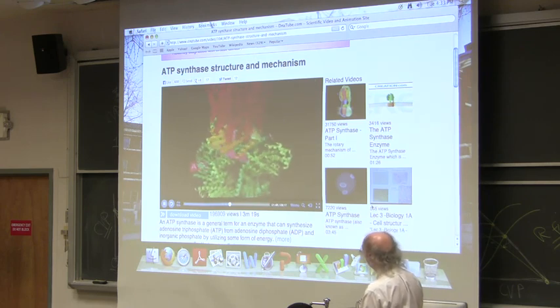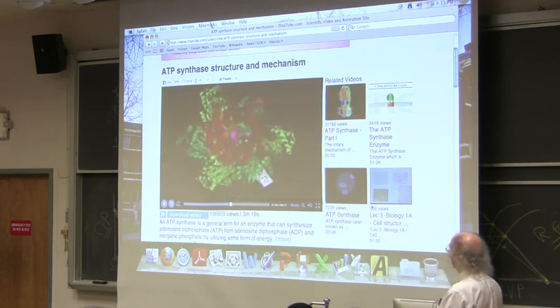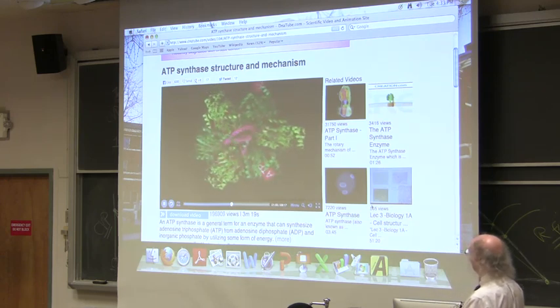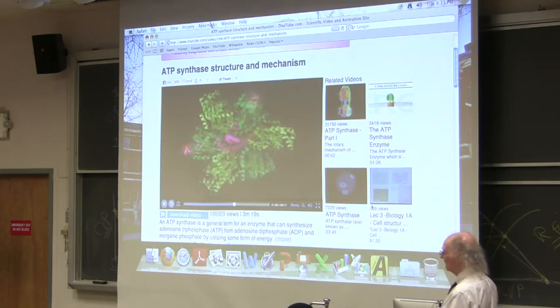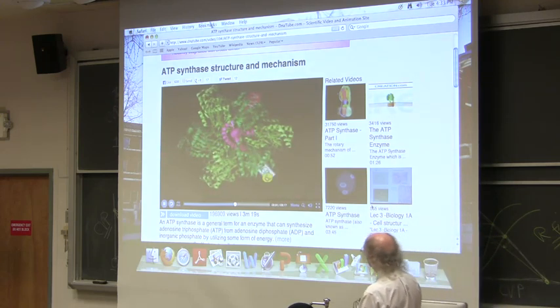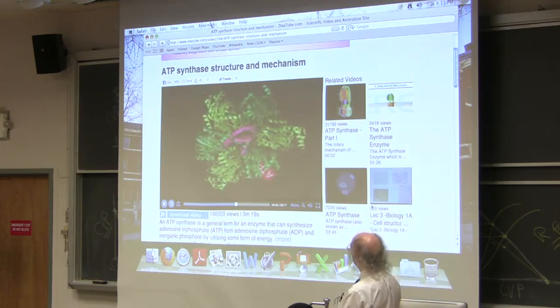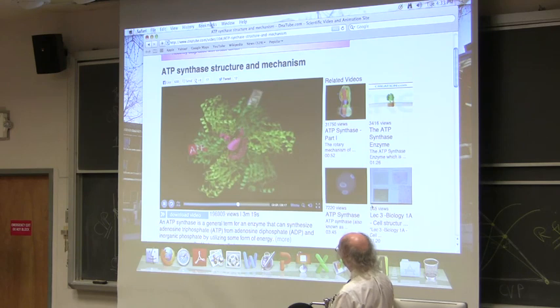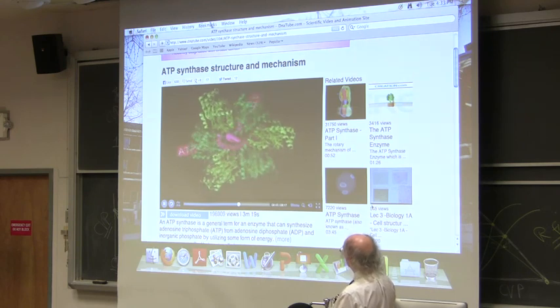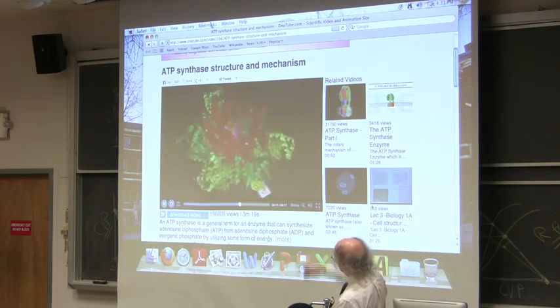Its molecular structure shows that the position of the central shaft influences the conformation and arrangement of the surrounding subunits. It is these changes that drive the synthesis of ATP from ADP. In this animated model, different conformational states are lined up as a temporal sequence as they would occur during rotation of the central shaft. Notice how it's being made in 3 different areas.